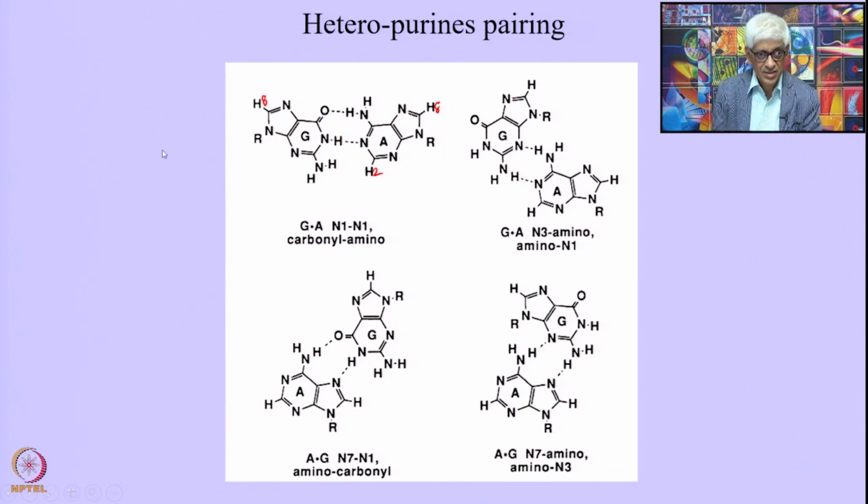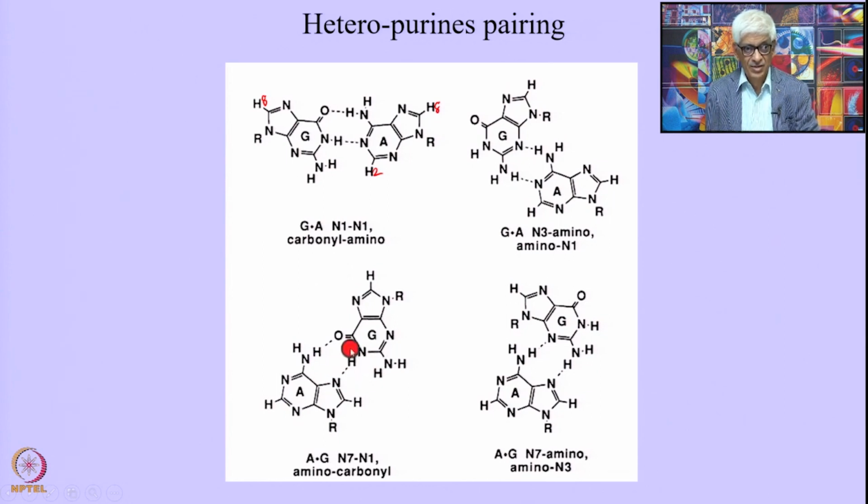And the next one is A-G N7 N1 amino carbonyl. So this is the G-A one possibility, and this is the next possibility here. The A amino is going to the oxygen of the G, and then this N1 position is going to the N7 here, N1 to N7.